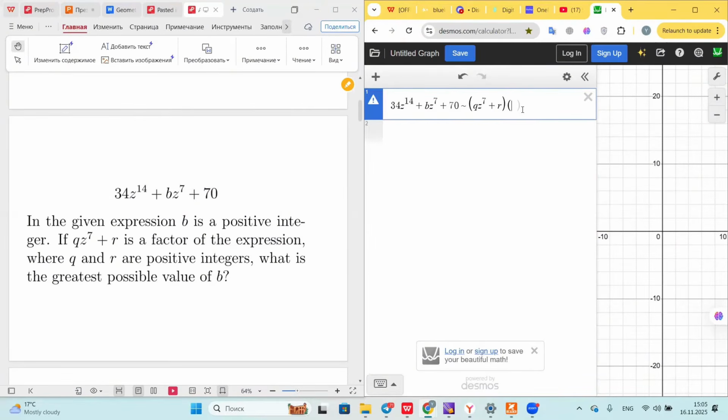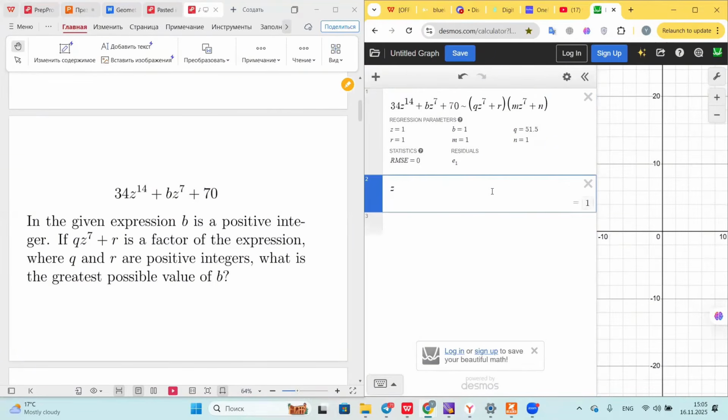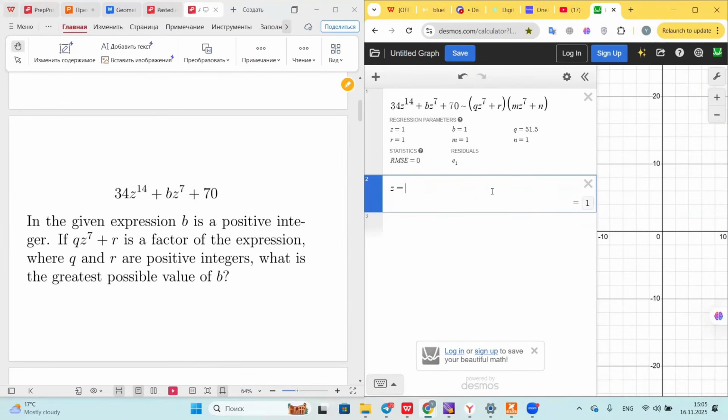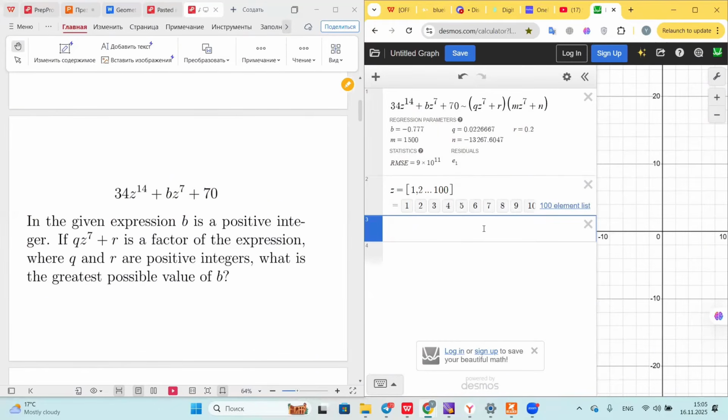And at the same moment, another factor will be mz to the power of 7 plus n. And it is correct for all values of z. z can be random. Let's say z is some integer, positive 1, 2, 3, up to 100.